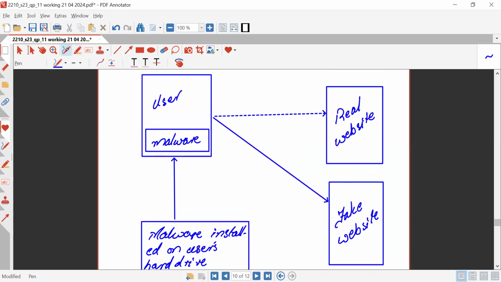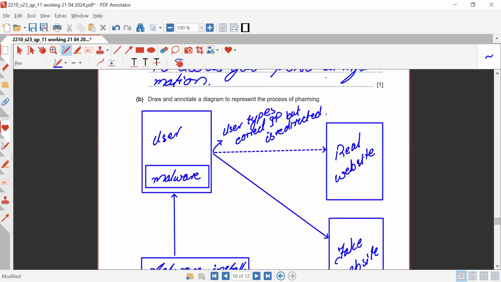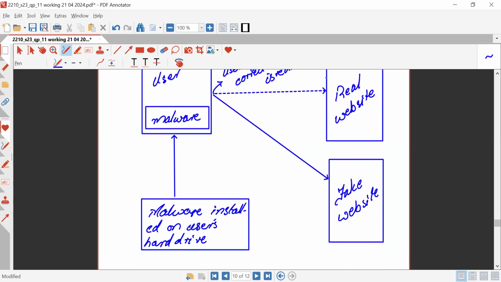So you may mention it over here: user types correct IP, but is redirected. This is how you could write it down. This is how pharming actually works.